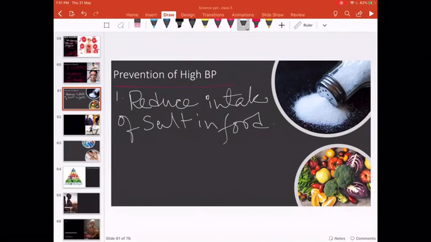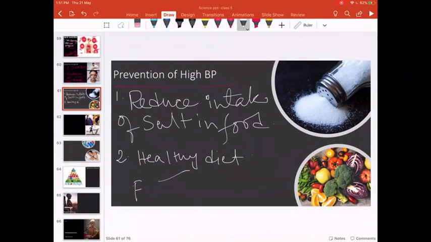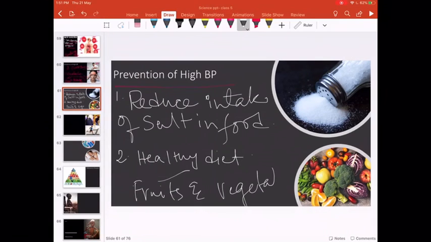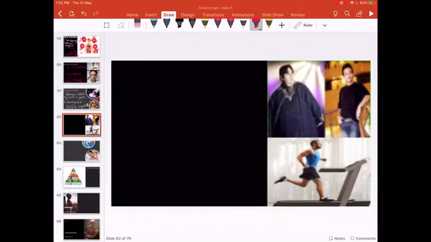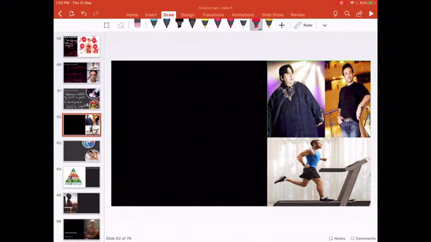Next, again, eat more fruits and vegetables. Healthy diet of fruits and vegetables. See, always they are repeatedly saying healthy diet, healthy diet, healthy diet. So reduce eating salt and increase eating vegetables. Say no to excess salt. Say yes to more amount of fruits and vegetables.